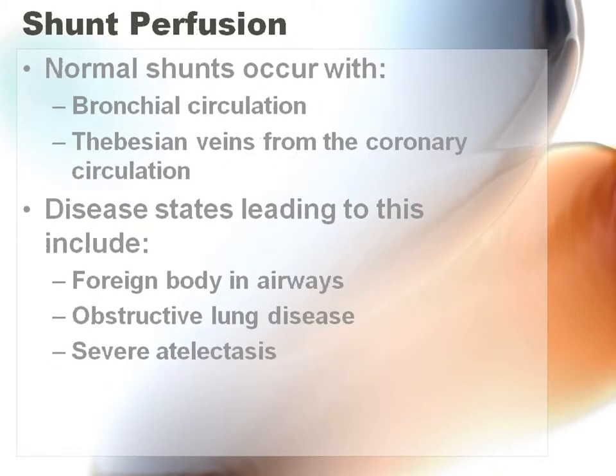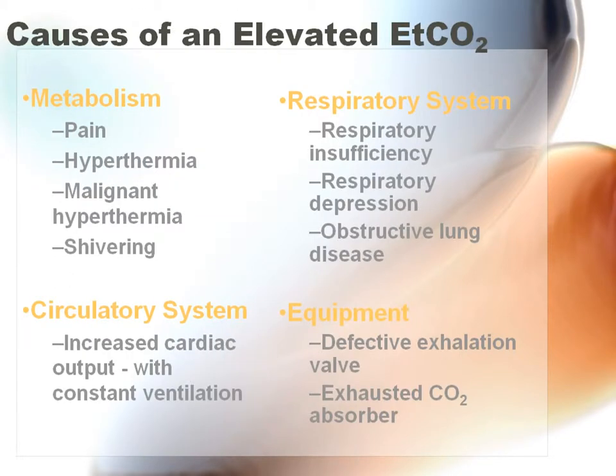Anyway, they want to talk about the different types of shunting, or what is making the air come out slower or faster, or why are we getting more CO2, or why are we getting less CO2? And like I said, we're looking at troubleshooting at that point. So again, for elevated CO2, obviously, something's cooking along. We're burning some up somehow.